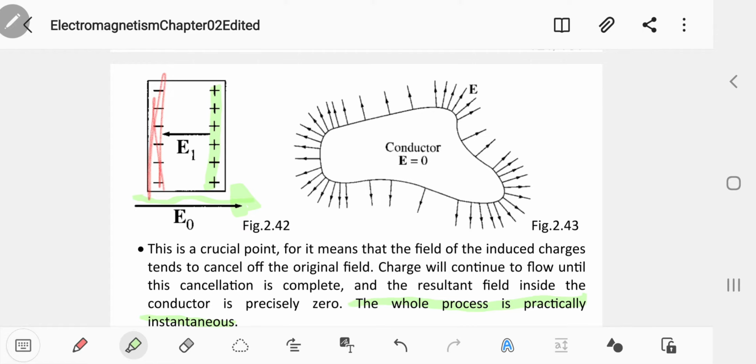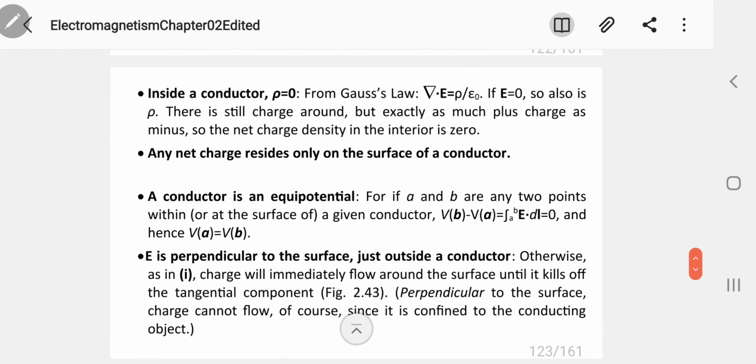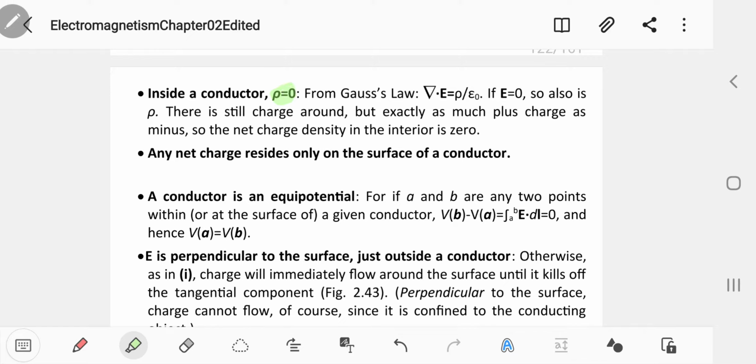Okay, again, because there's no electric field inside a conductor, the charge distribution there is zero. So whatever Gaussian surface you draw inside a conductor does not enclose charge, or the sum of the charges that it encloses is zero. There is still presence of positive and negative charges, but their sum is always zero.